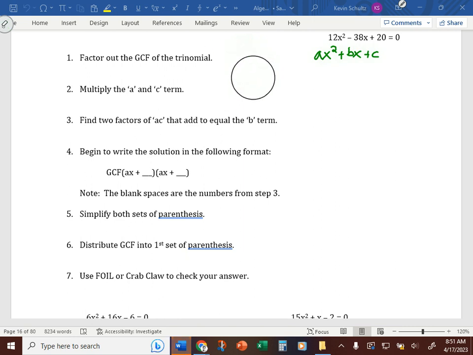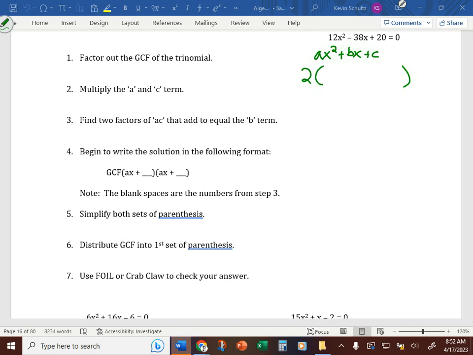All right, let's go. Step number 1, all the way back to CO44. This is why we talked about CO44, greatest common factor. Step 1 is factor out the GCF of the trinomial. What is the greatest common factor of 12x squared, negative 38x, and 20? Leo. It is just 2. So we're going to rewrite this trinomial with that 2 factored out.